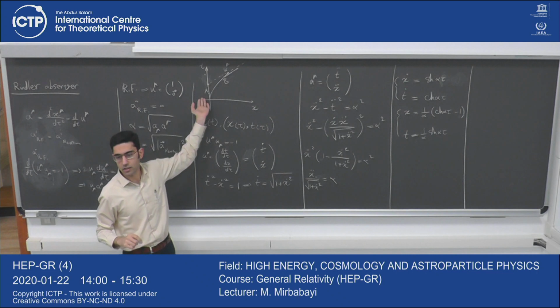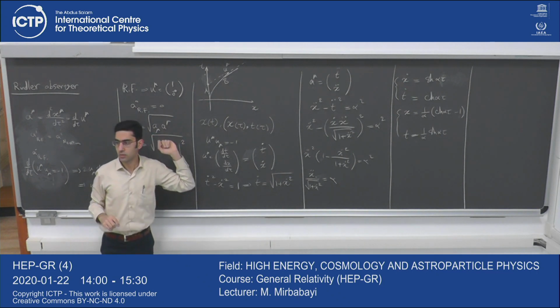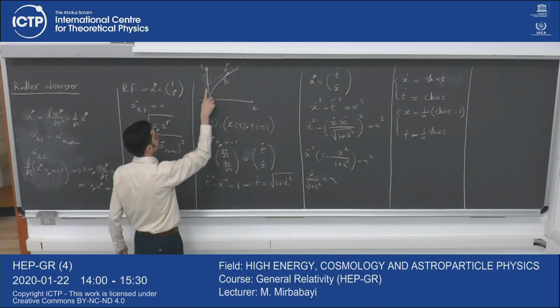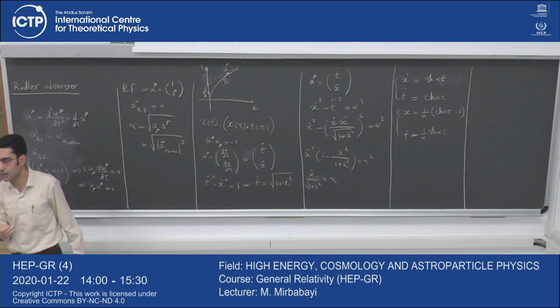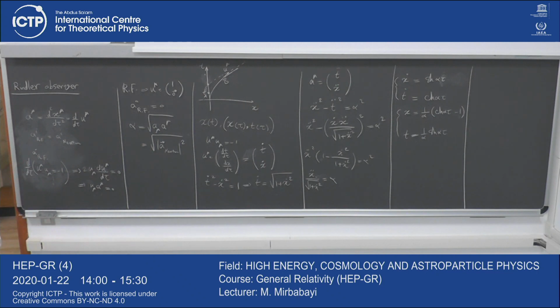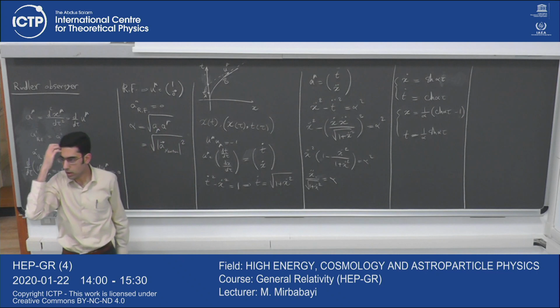For instance, we want to understand if a signal is sent at some time ta, which by the way is the same as tau a, because Alice is at rest, so her clock is measuring the same time as this coordinate time t.